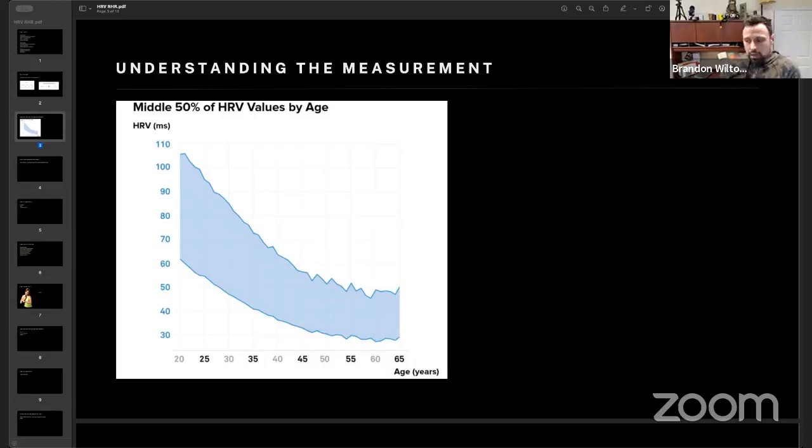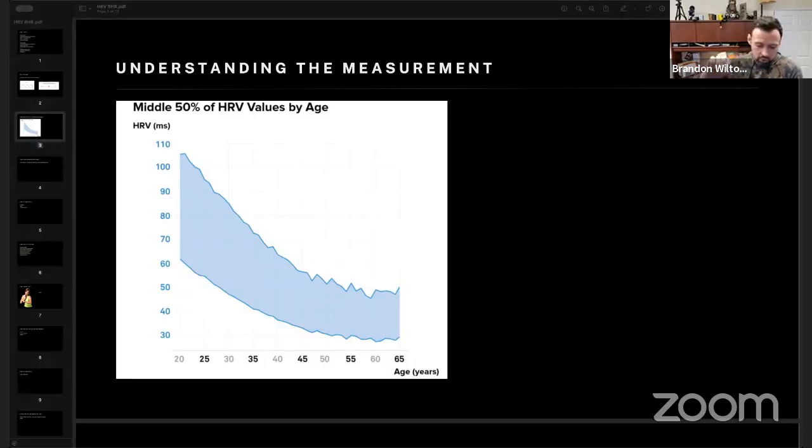But what you want to watch for are trends over time where things are going downward. As you see, it generally decreases with age, but higher HRVs typically have a lot to do with cardiovascular health, fitness, willpower, calm and positive emotions, and your ability to handle stress and exercise.